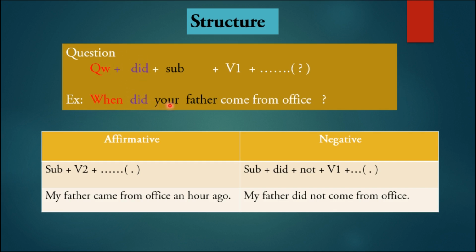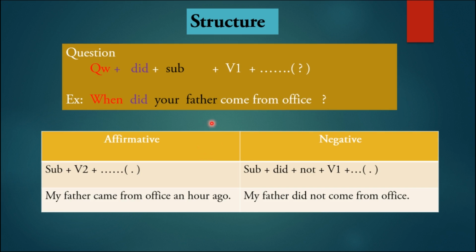Here the subject, I want to know about the information, friend's father, so your father as subject, followed by V1, come, plus dash dash dash office. If friend's father is working in office, we ask about office. Suppose he is working with an institution or market, we can use here from market or any institution.